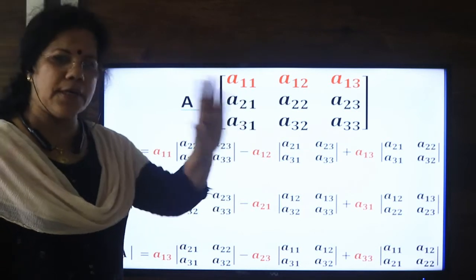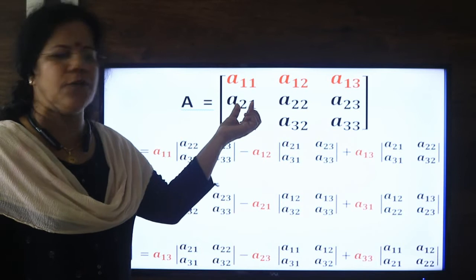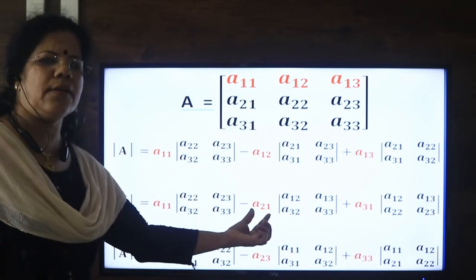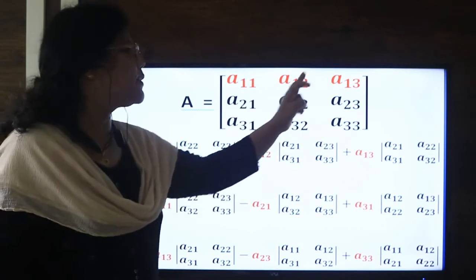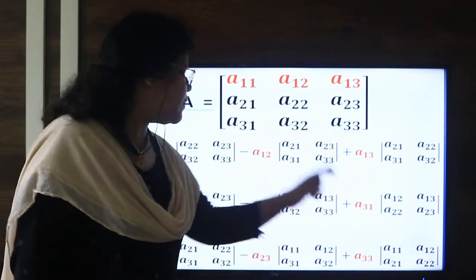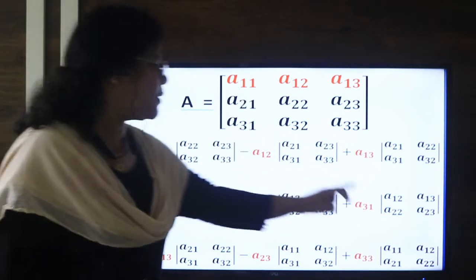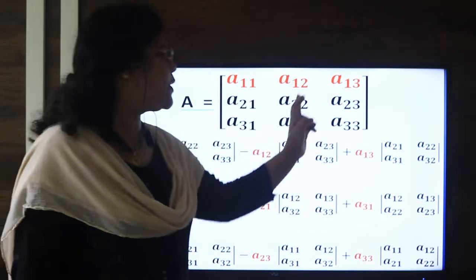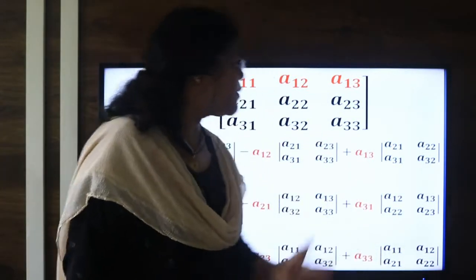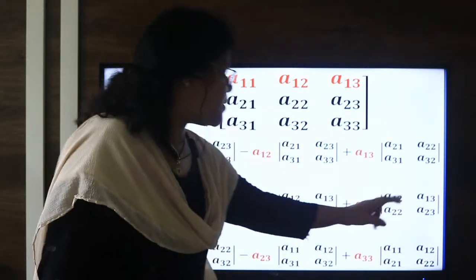Why is it so? Now you have already understood. 2 plus 1 is 3, negative 1 to the power 3 is negative 1, so negative A21, deleting that row and column, the resulting determinant, plus A31, because we expanded using the first column, A31 into deleting that row and column, A12, A13, A22, A23. So the second expansion is also the same.